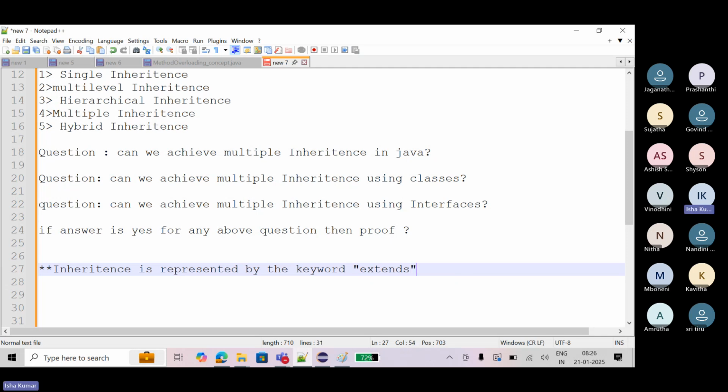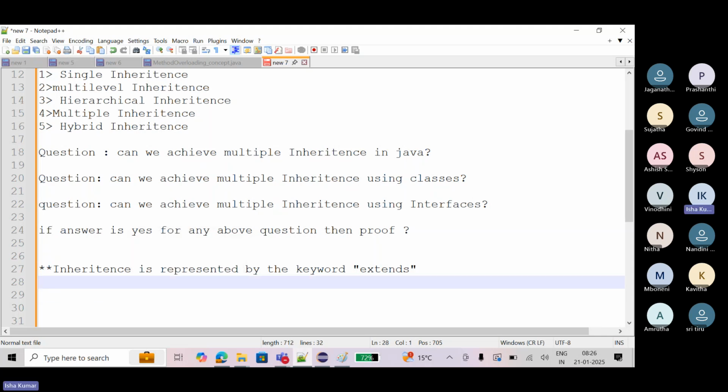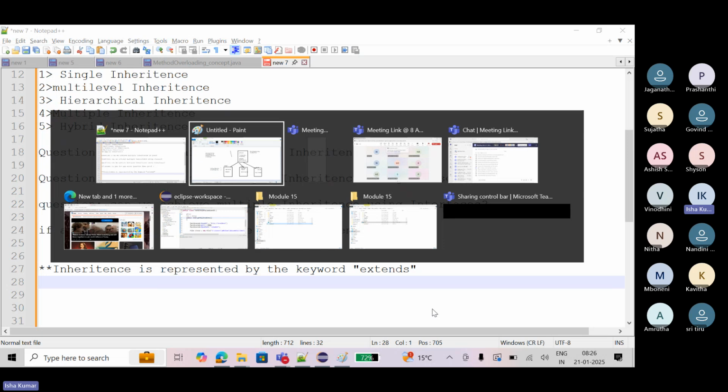So whenever there is a process of inheritance, the extends keyword will be used to represent the inheritance. And one more thing, that point will come later. Fine. Let's see the types of inheritance first.